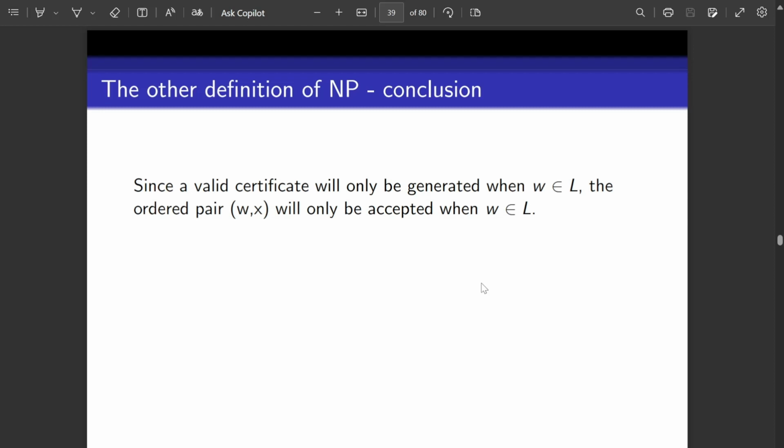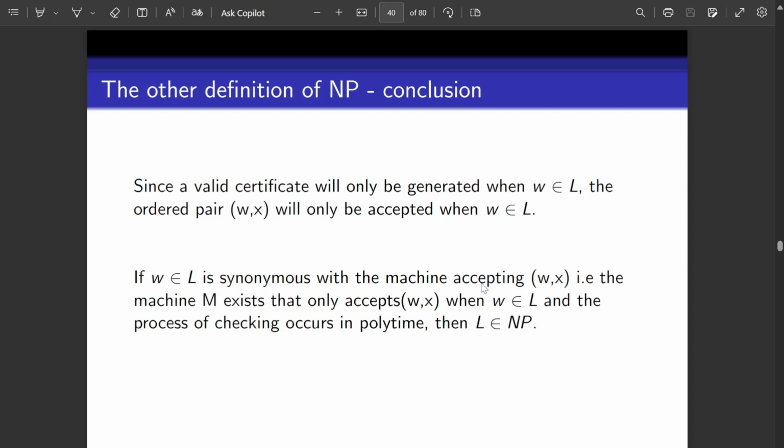So just to conclude, since a valid certificate will only be generated when W is actually in the language, the ordered pair WX will only be accepted when W is actually in the language.